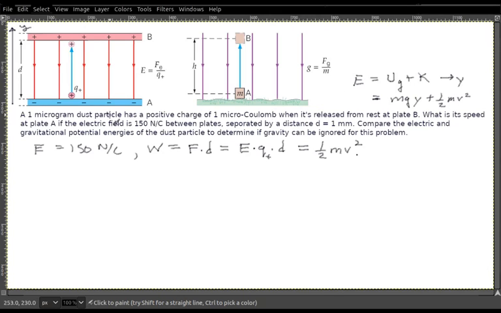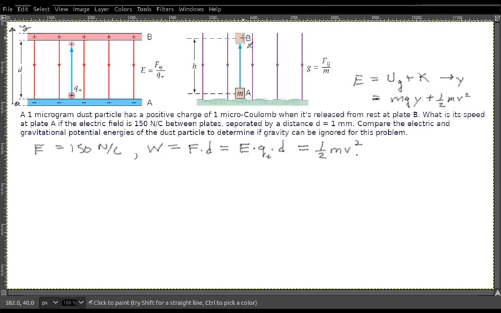So if down here is where y is equal to 0, what would the energy be down here? The energy at the bottom would just be 1/2 mv squared, because y is equal to 0. What about the energy at the top? The energy at the top would just be equal to mgh, because we released it from rest. And anywhere in between, the energy sums up to mgy plus 1/2 mv squared.